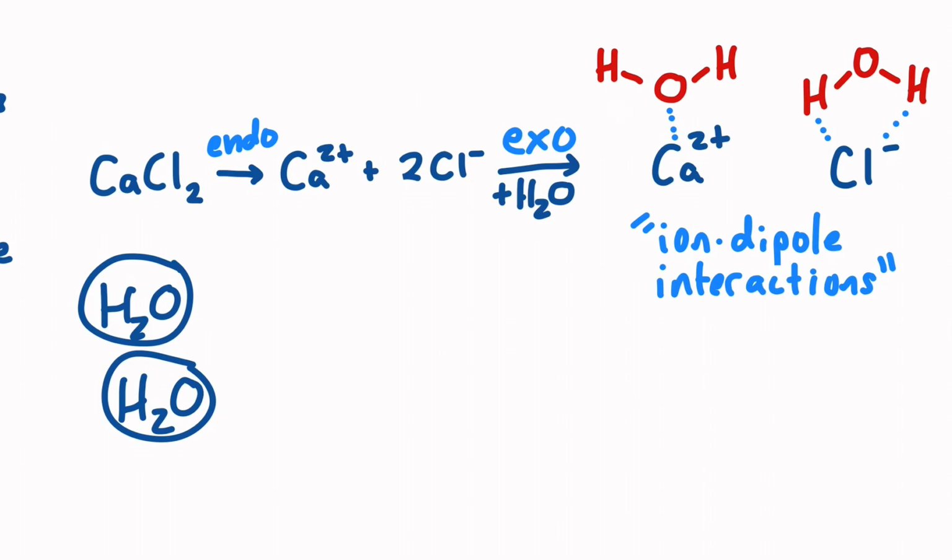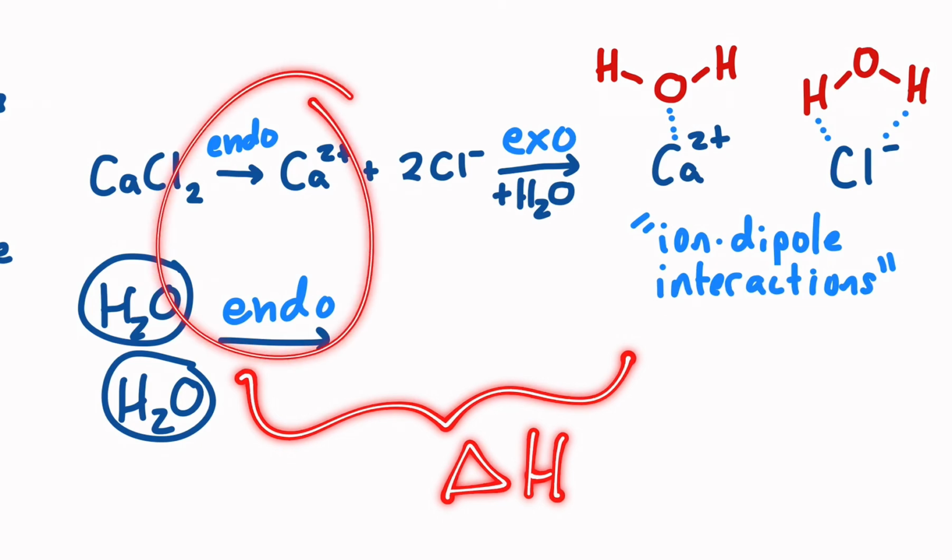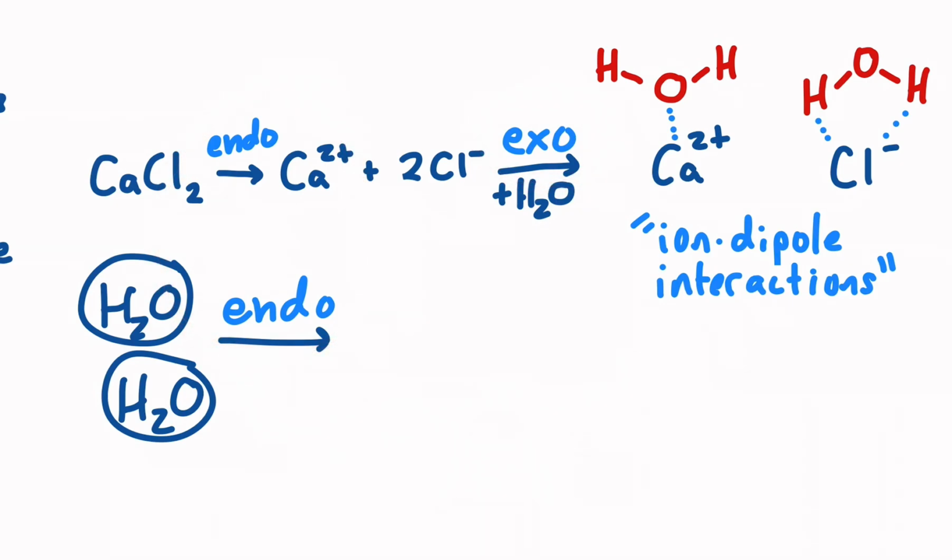That also is an endothermic process to get them to be farther apart. So delta H is the sum of the endothermic and the exothermic processes. Sometimes there's more energy absorbed, and therefore it's overall a positive delta H. Sometimes there's more energy released, and there's overall a negative delta H. It depends on the salt and how favorable or unfavorable those interactions are.